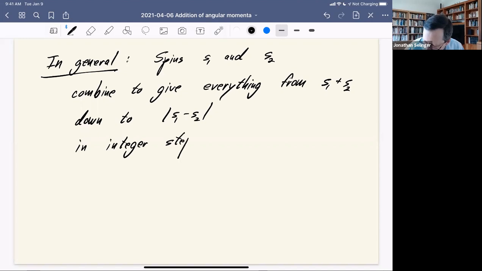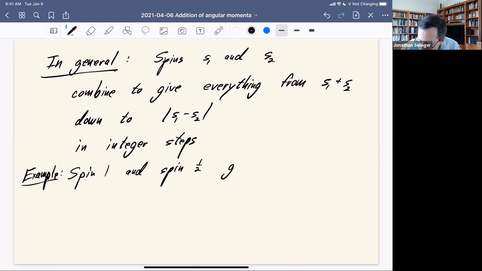So for example, spin 1 and spin 1/2 give a combined 3/2 or 1/2, right?